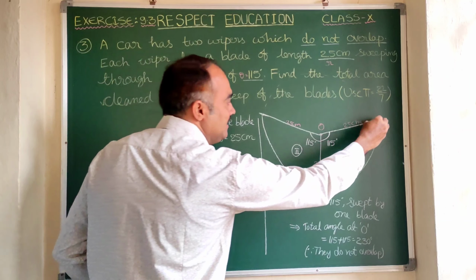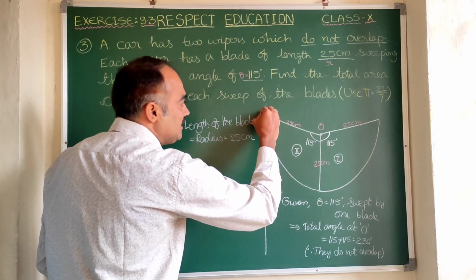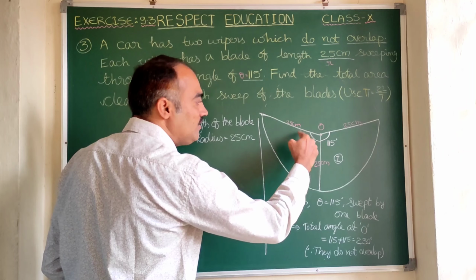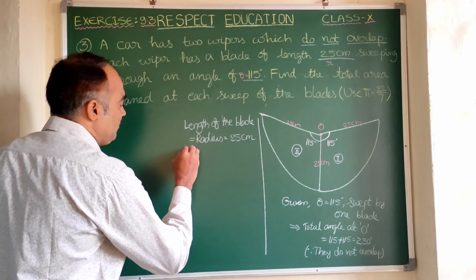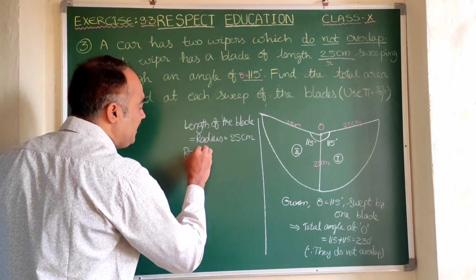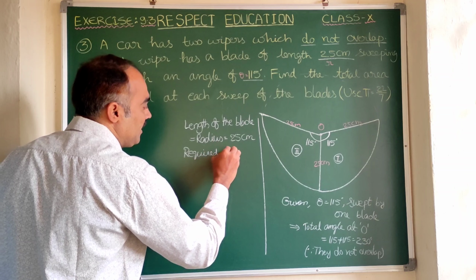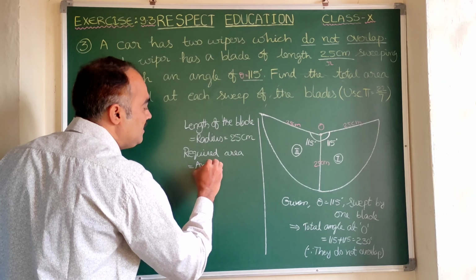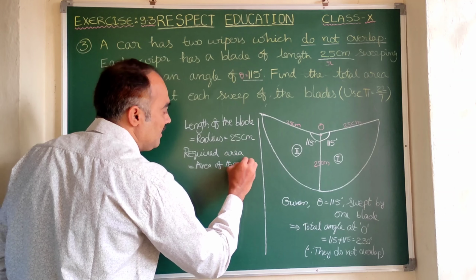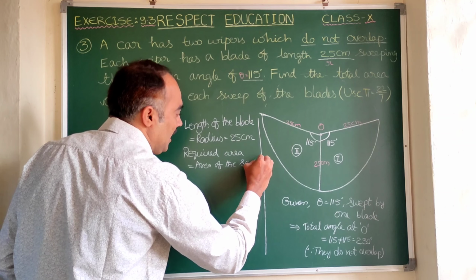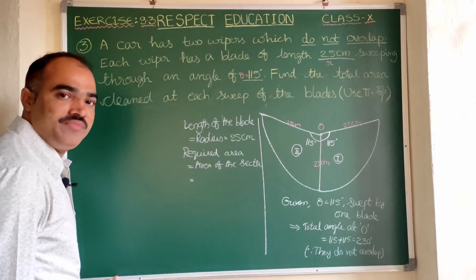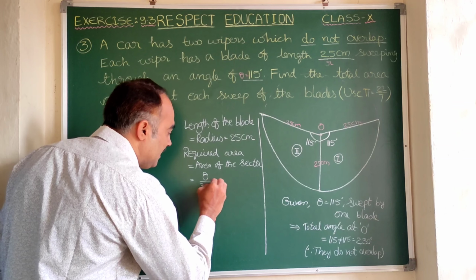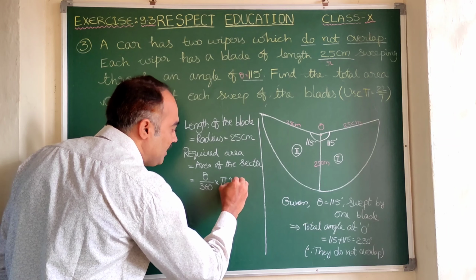If you observe, this is a sector of the circle, so we can find the required area, which is equal to the area of the sector. Actually we know the area of the sector formula: theta by 360 degrees into pi r square.